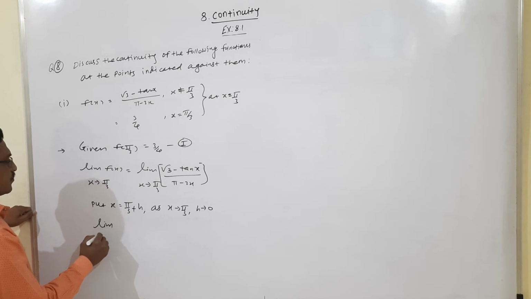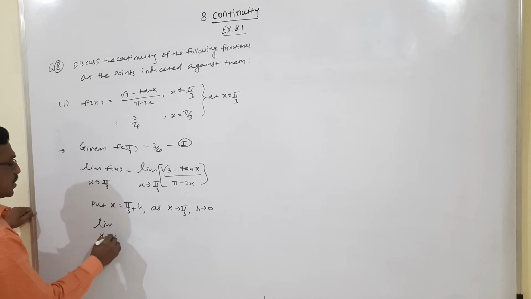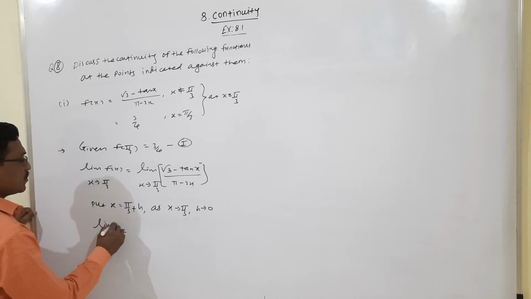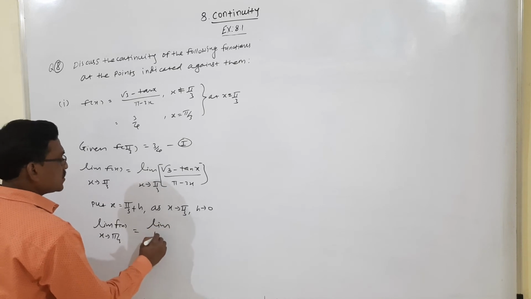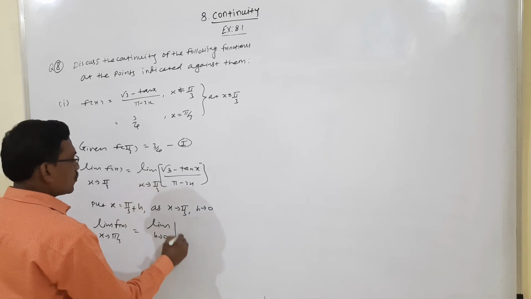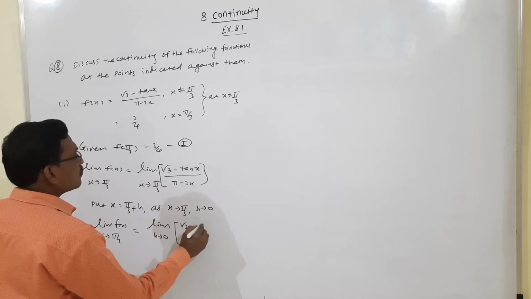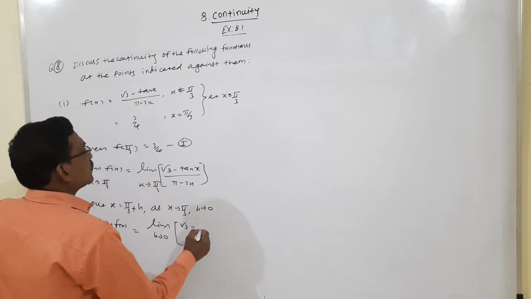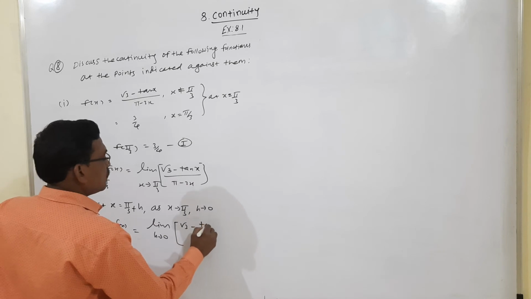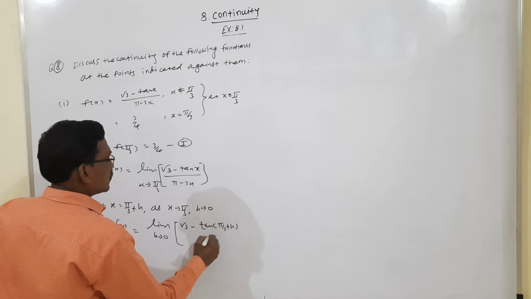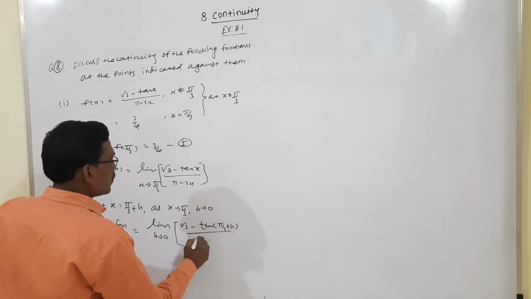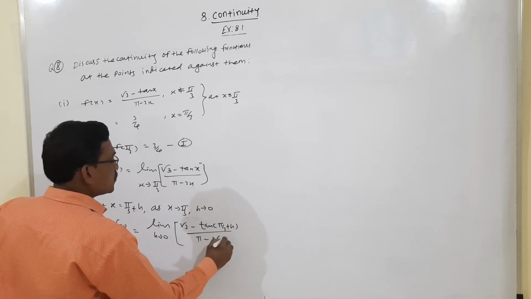Limit as x tends to pi by 3 of f of x is equal to the limit as h tends to 0 of root 3 minus tan of pi by 3 plus h, divided by pi minus 3 into pi by 3 plus h.